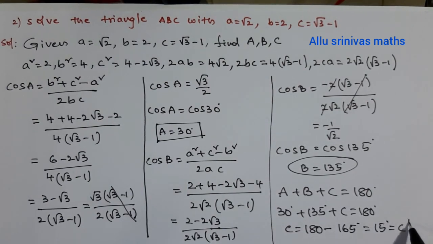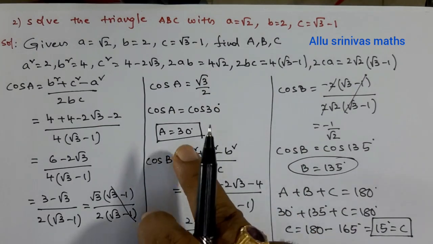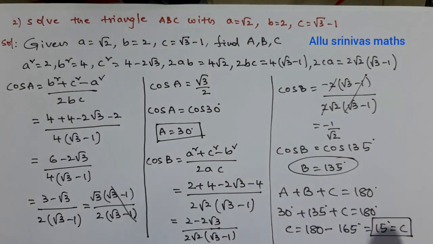That is the required angle C equal to 15 degrees. Finally we get angle A equal to 30 degrees, angle B equal to 135 degrees, angle C equal to 15 degrees. This problem can also be found by using a calculator or mental calculation. Thank you.